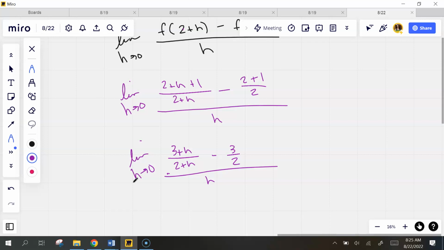Boo, another fraction that needs a common denominator. I'm going to give this one a 2, and I'll give this one 3 plus h. 2 plus h, sorry.